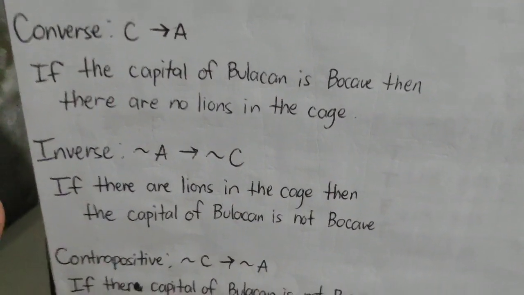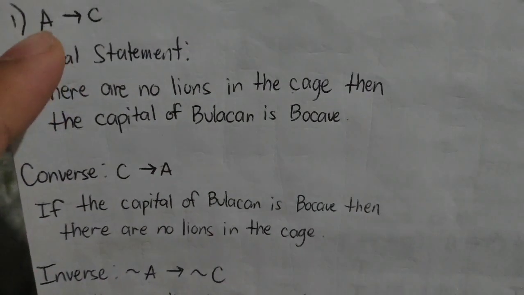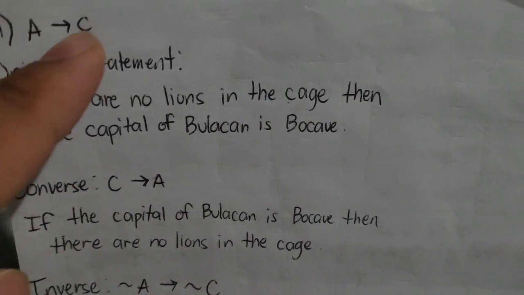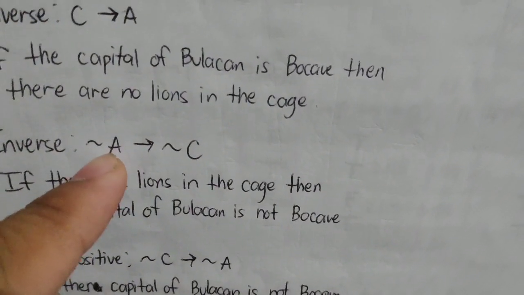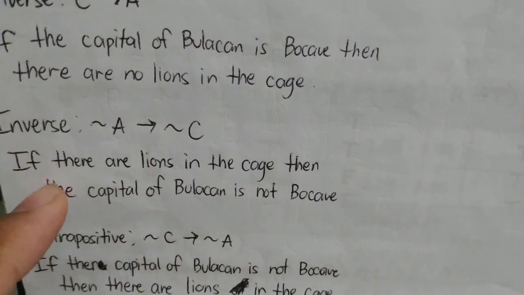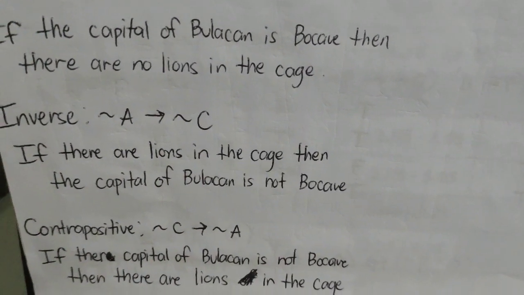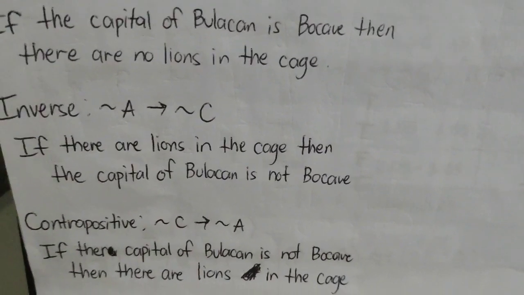And now for the inverse, it will be just negating the original statement. So you will negate A and negate C. The result will be the negation of A implies the negation of C. So the statement will become: if there are lions in the cage, then the capital of Bulacan is not Bukawi.